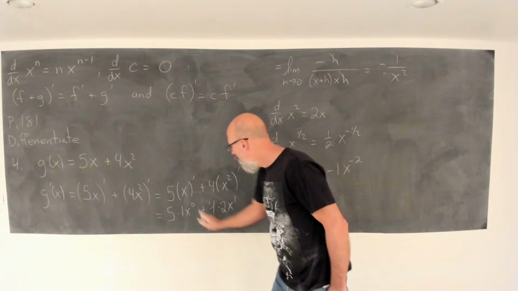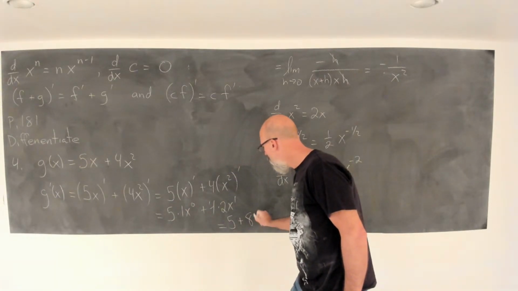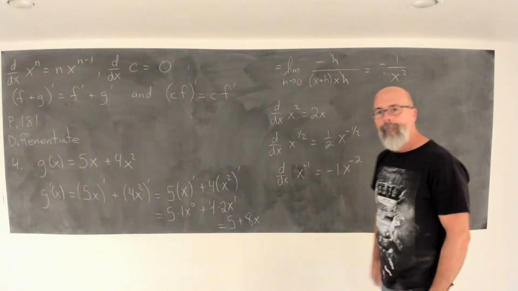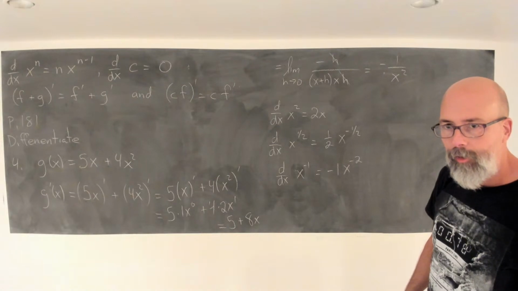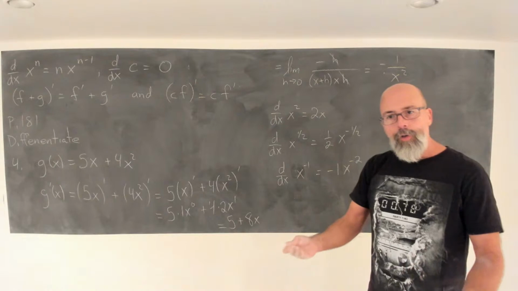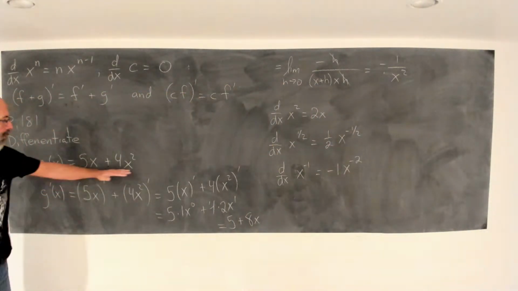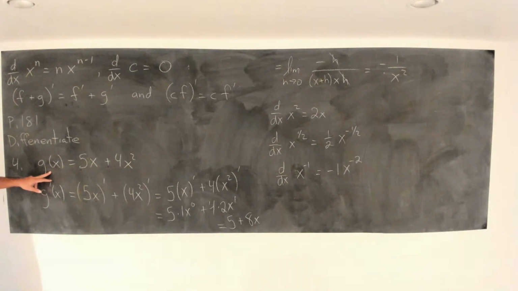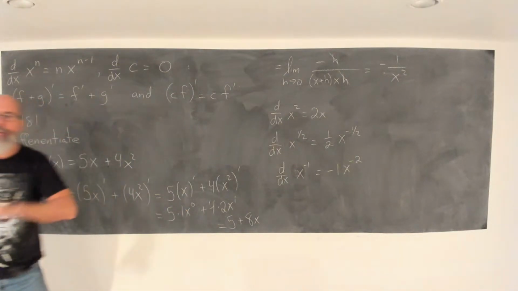So in other words, this is 5 plus 8x. Exactly. Thank you, everyone. And there it is. You could, of course, prove this from the definition, right? Limit as h goes to 0 of g of x plus h minus g of x over h. Simplify, you will get exactly this.